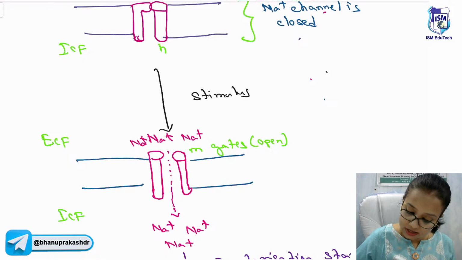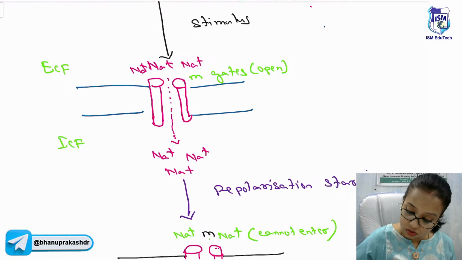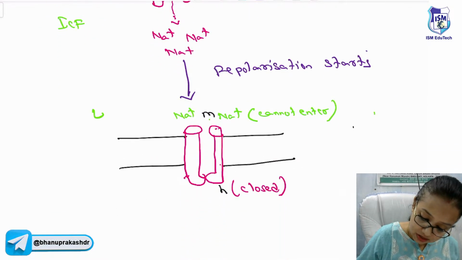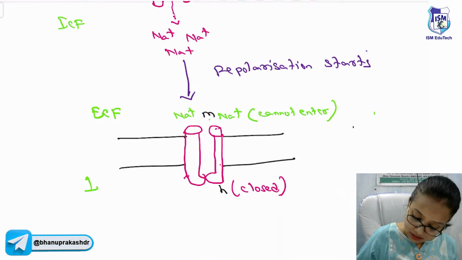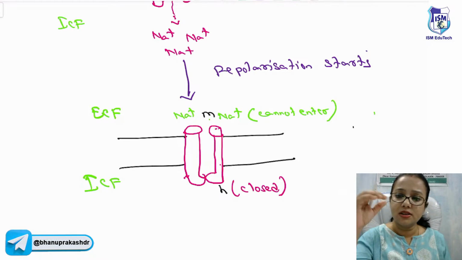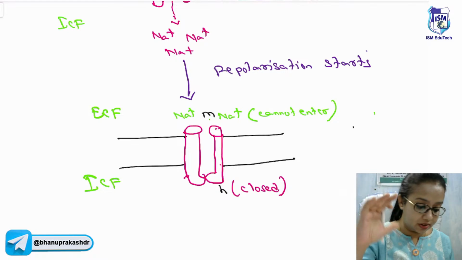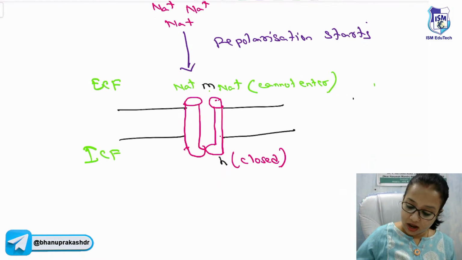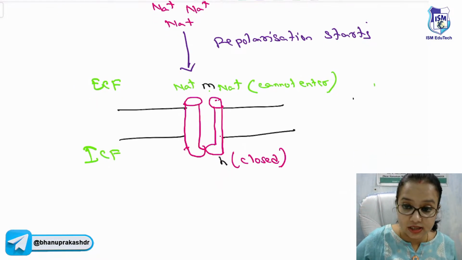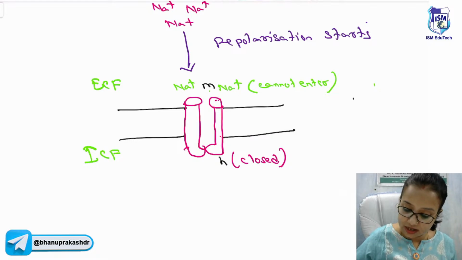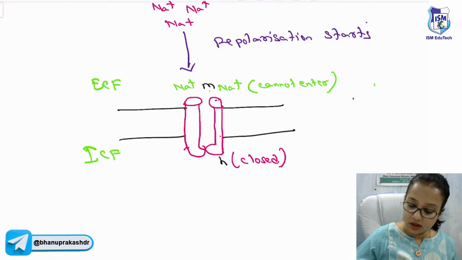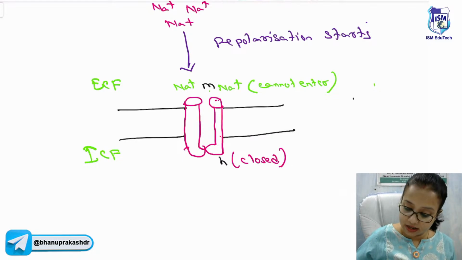Upon stimulus, it is the M gates that open and there is influx of sodium from the ECF to ICF. Again, when the repolarization has to start, since these voltage gated sodium channels are very short lived, they cannot stay open for a long time. After some time, it is the H gate that has closed down, but the M gates are open. That's why this sodium cannot enter.